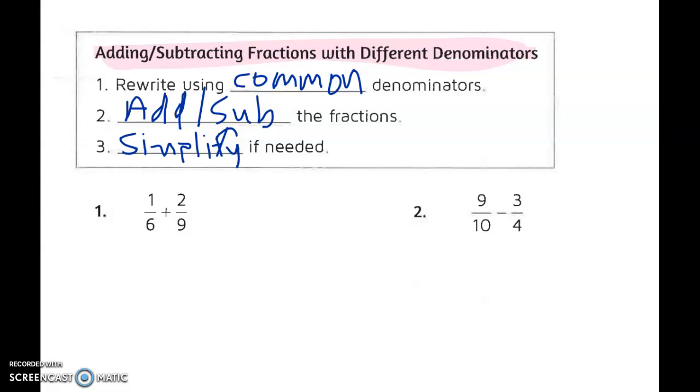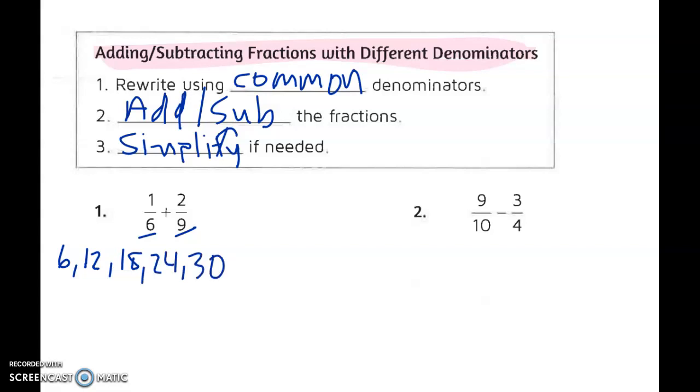If we look at 1/6 plus 2/9, they obviously have different denominators. So we're going to start listing the multiples for 6, and then we'll list the multiples for 9. For 6, you have 6, 12, 18, 24, 30.